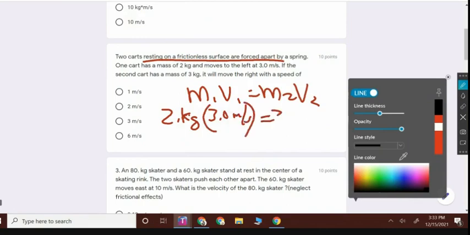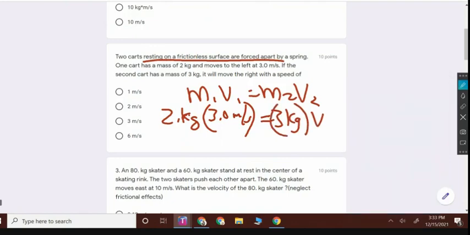The 3 kilogram will go, they said, what will the speed be? Oh, they don't want the direction, they said speed. So 6 is 3 times 2, isn't it? So the answer is 2 meters per second.